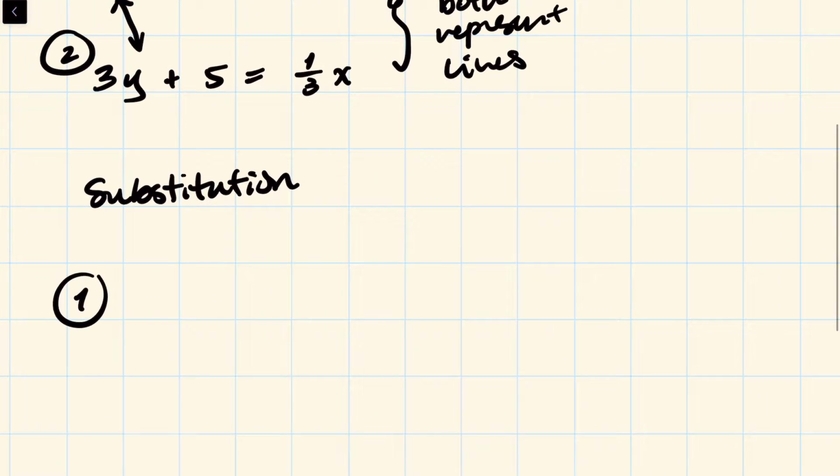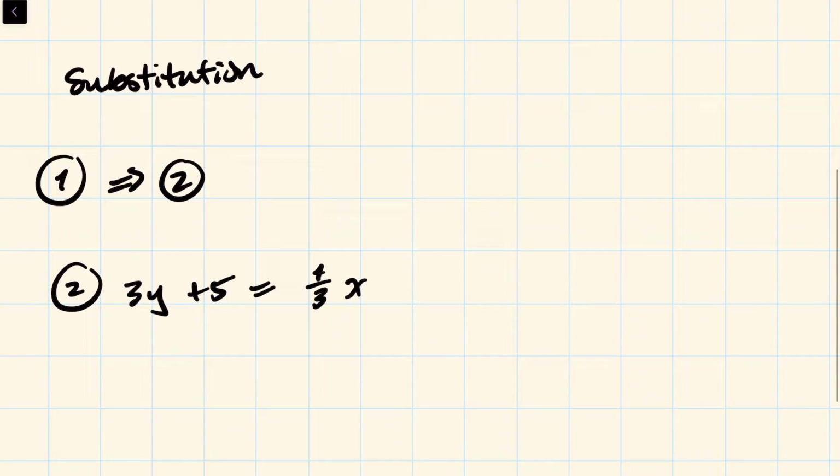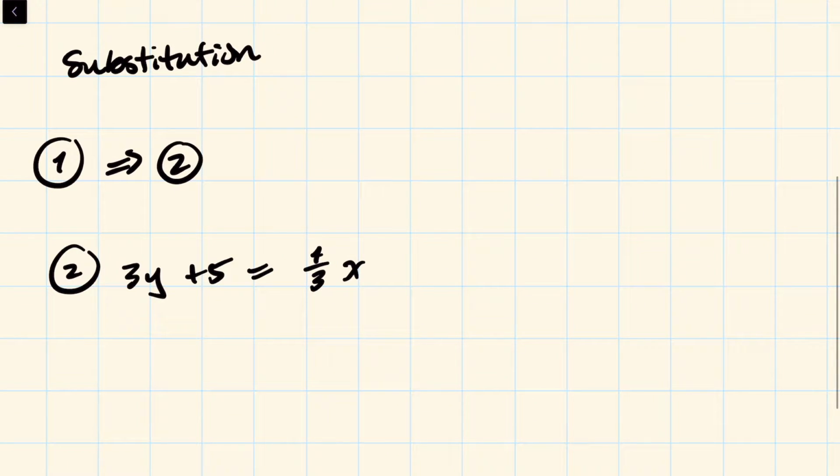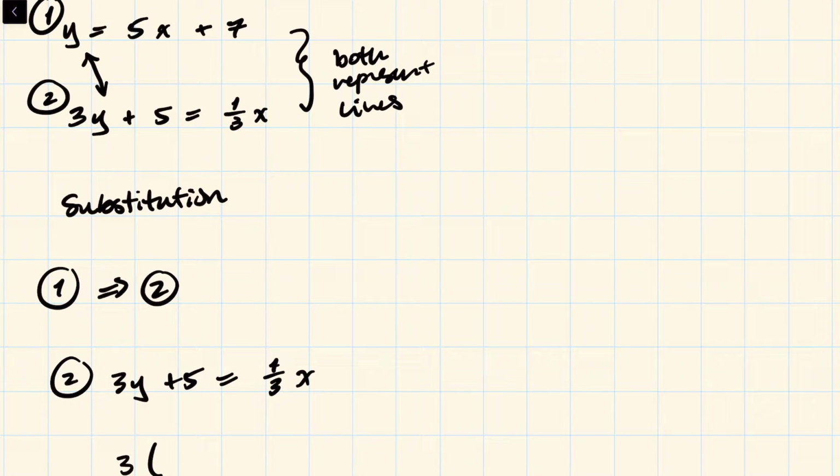And so let's substitute it now. We're going to do 1 into 2. Equation 2 here is 3y plus 5 equals a third of x, and we're going to sub in whatever this was, this 5x plus 7, because we know that's equal to y in our first equation. I'll make this pink here.